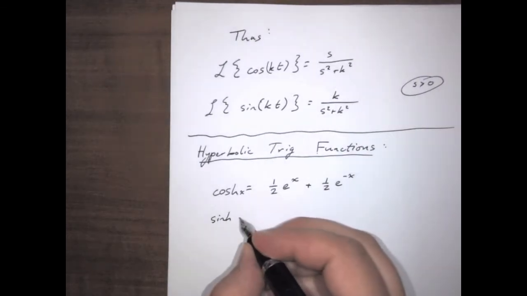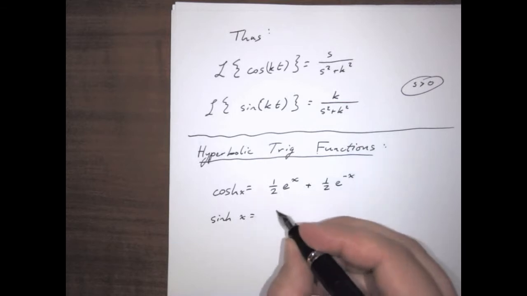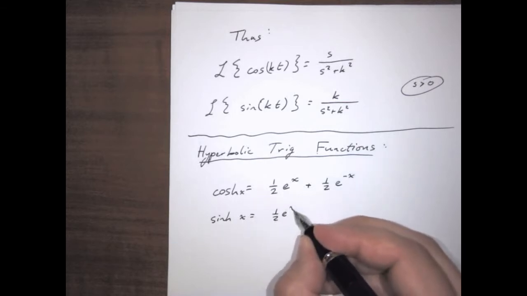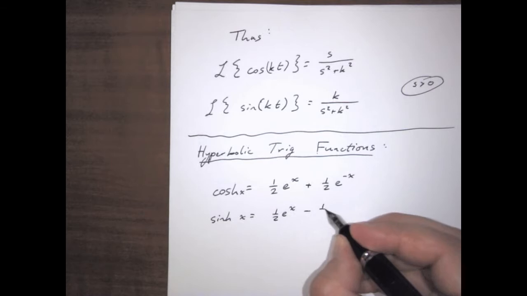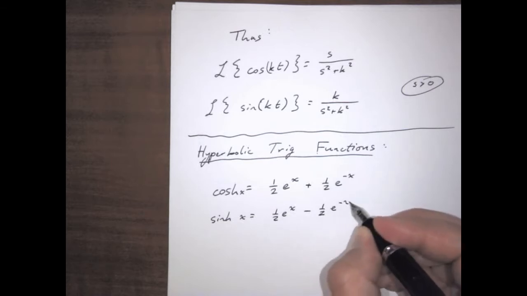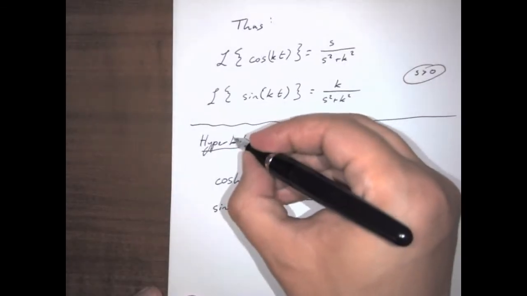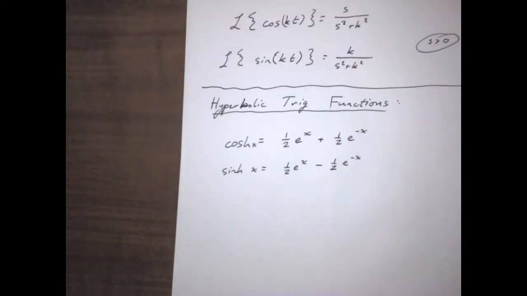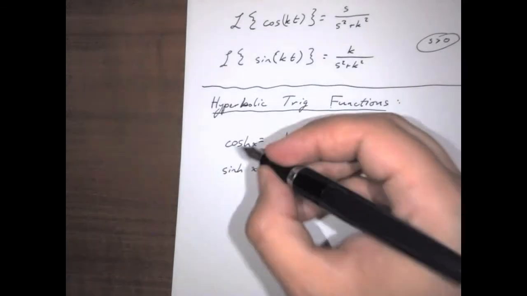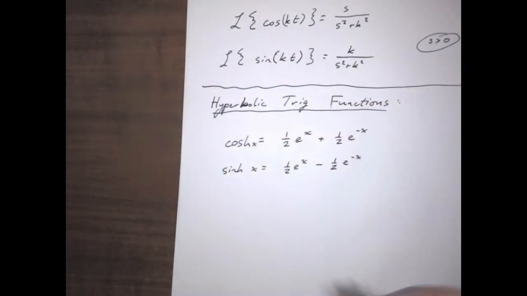And sinh is equal to 1/2 e to the x minus 1/2 e to the negative x. So you probably saw this at some point during Calc 1, I think, when these were first shown to you. They are the hyperbolic trigonometric functions: hyperbolic cosine, hyperbolic sine, pronounced cosh and sinh.